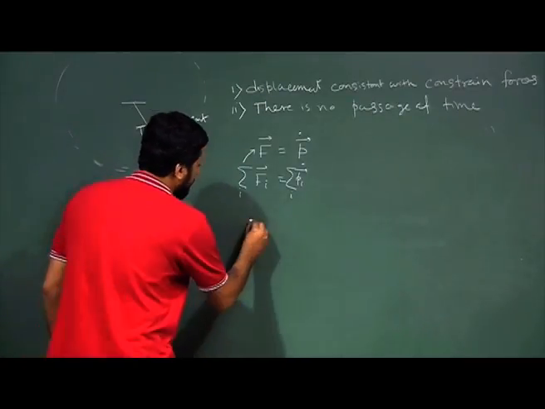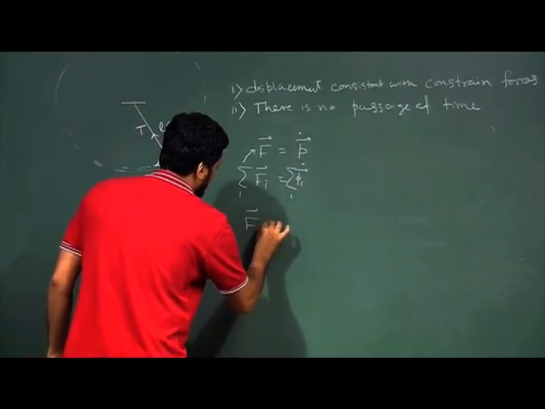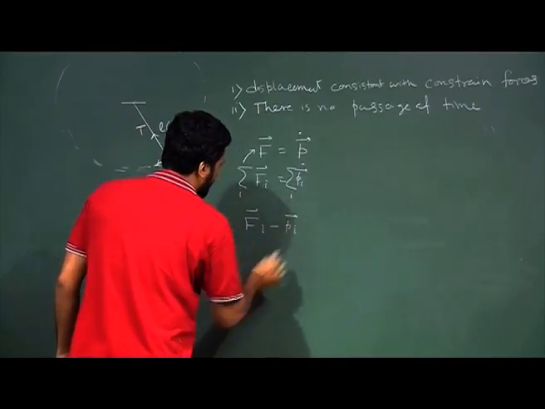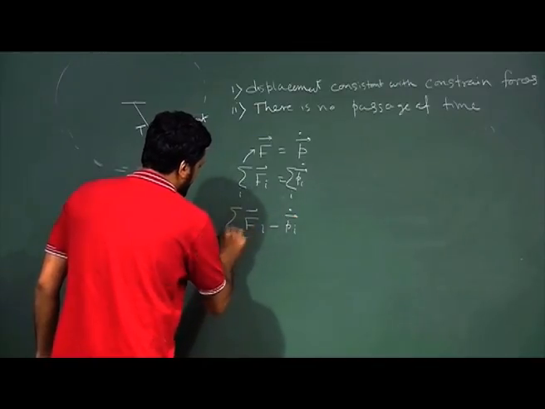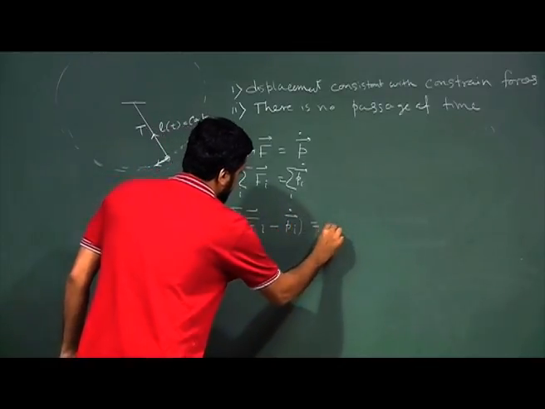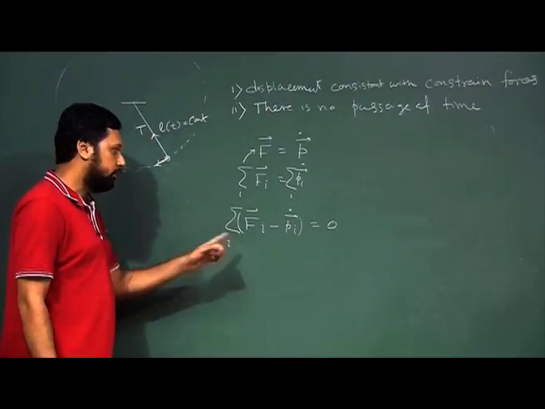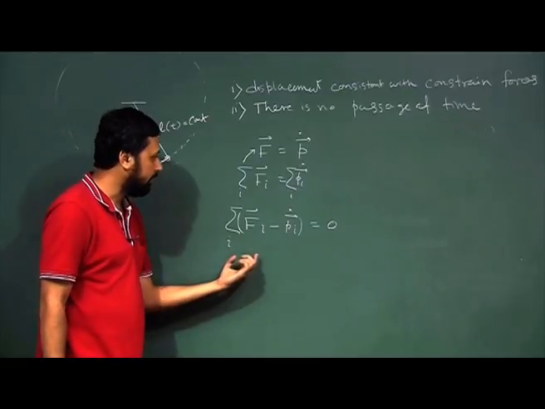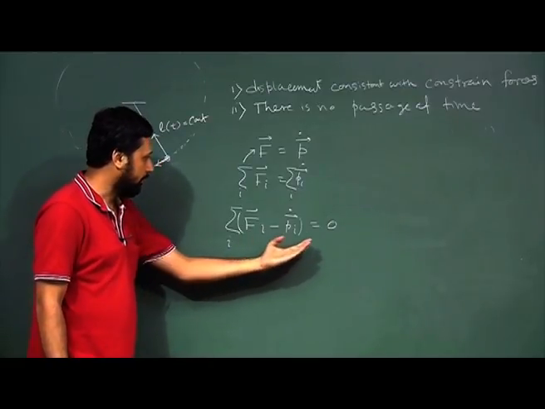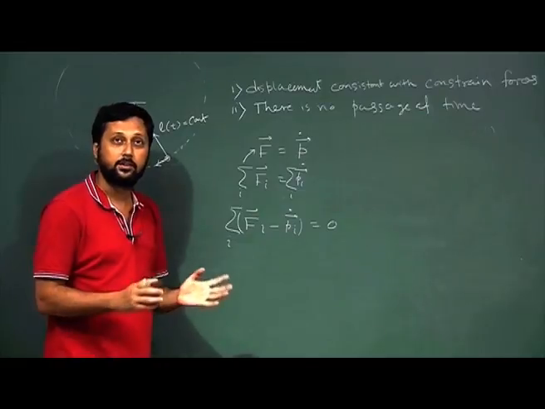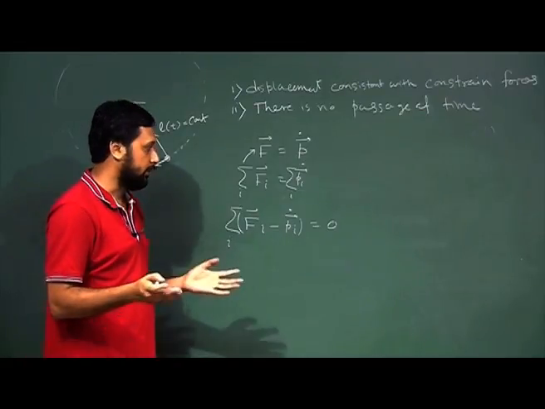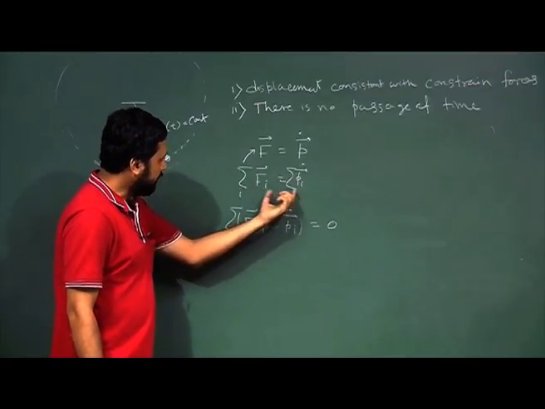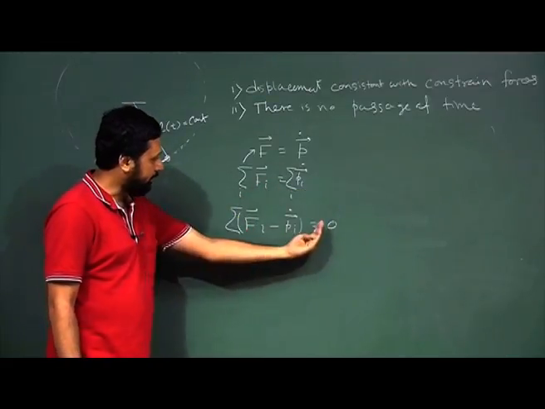What we can also do is write F_i minus p_i dot, summed over i, equal to 0. We are just bringing everything to one side and writing this side equal to 0.